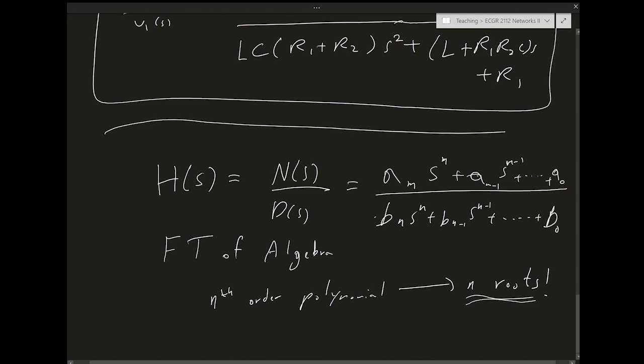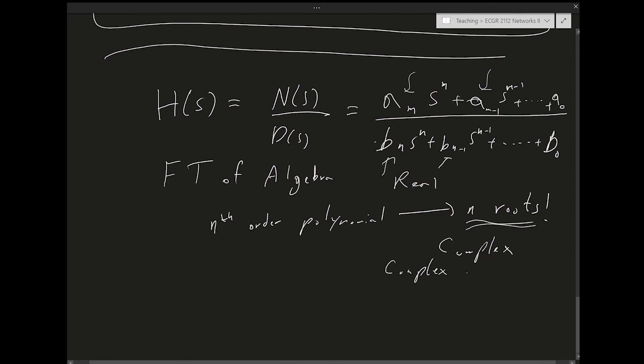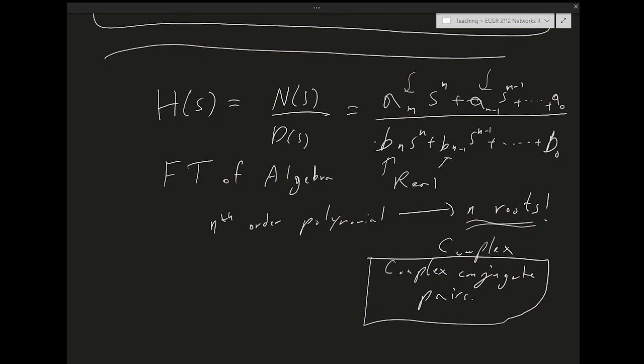Furthermore, if the coefficients of the polynomials in the transfer function are real, then any complex roots will always appear in complex conjugate pairs. That's the only way you can get real coefficients from the roots. If you have complex roots that do not come in complex conjugate pairs, then you will never get real coefficients.